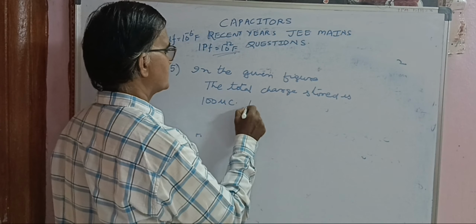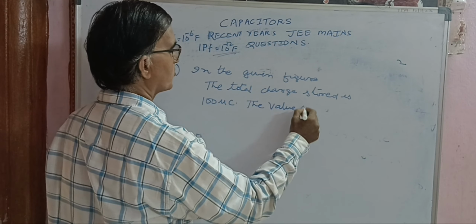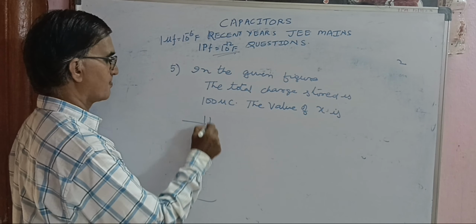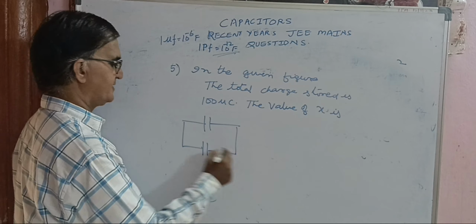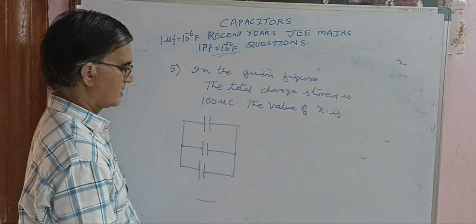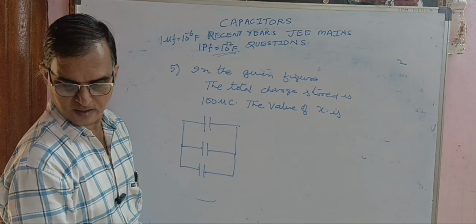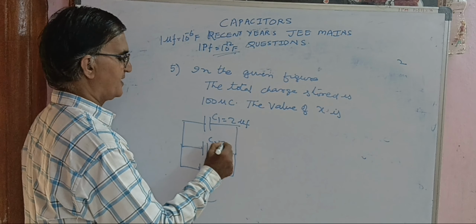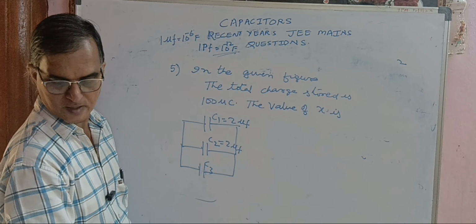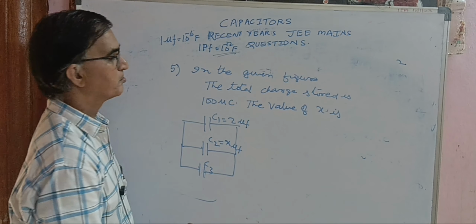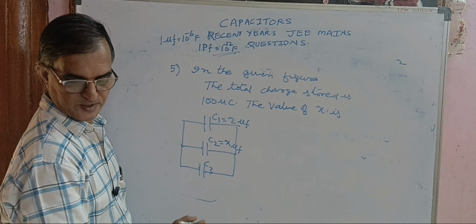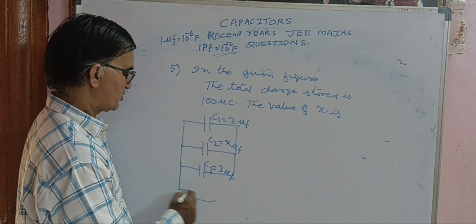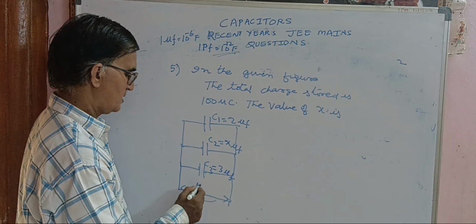Then the value of x is? We'll draw a diagram here. There are 3 capacitors like this, C1, C2, C3. C1 is 2 microfarads, C2 is X microfarads, C3 is 3 microfarads. The potential difference across this is 10 volts.